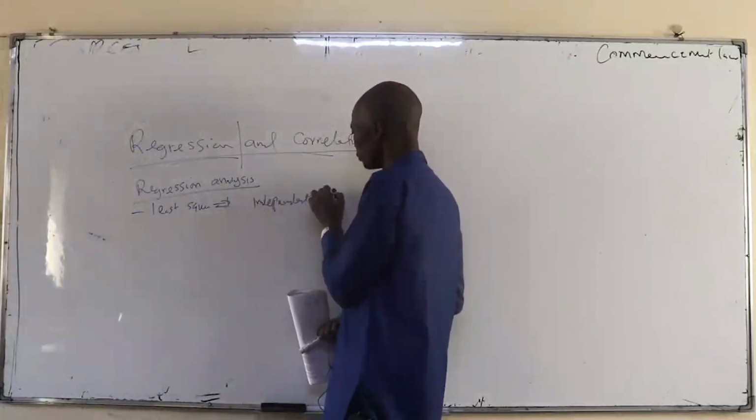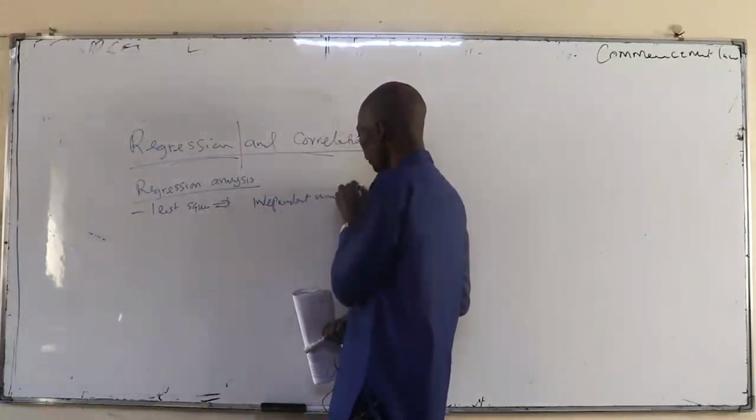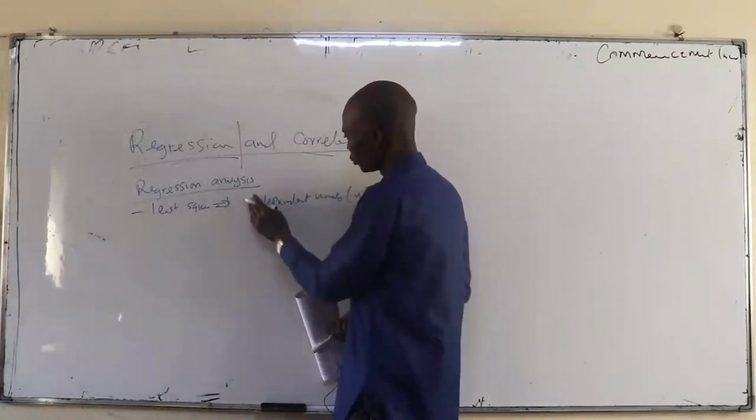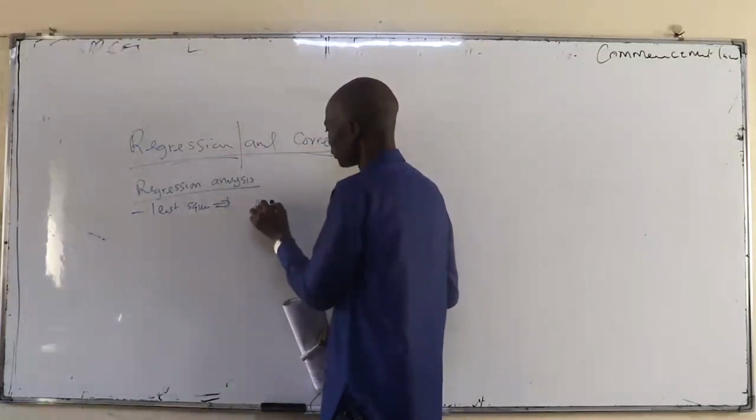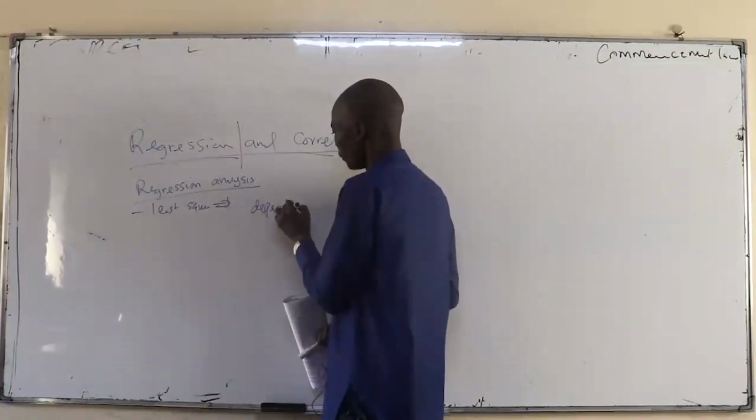The dependent variable basically means the variable that depends on the other.